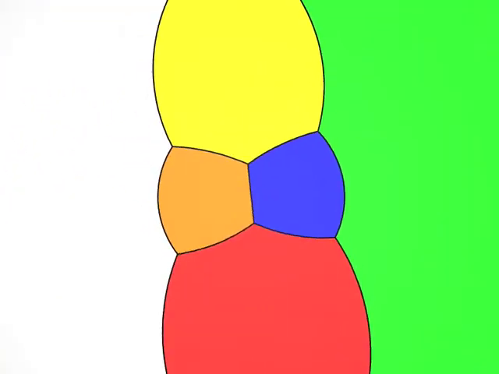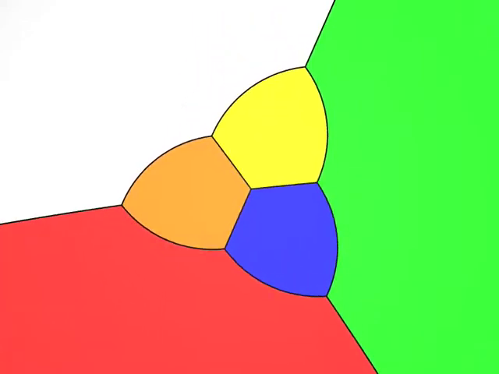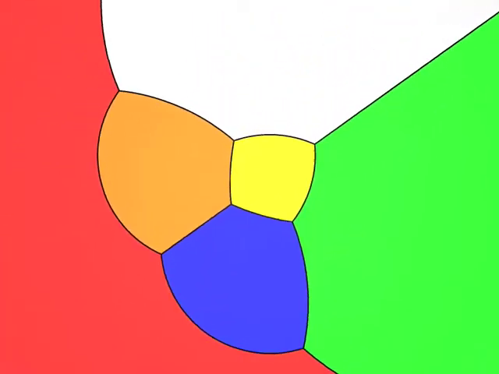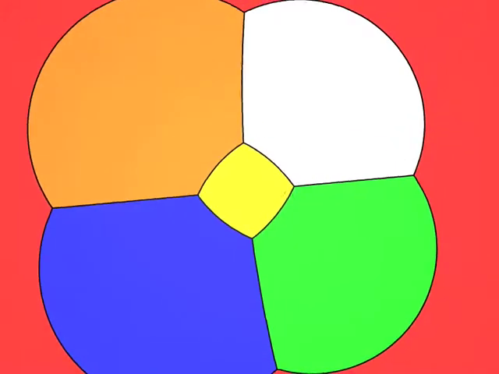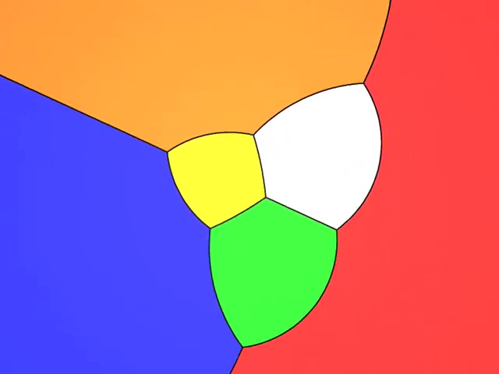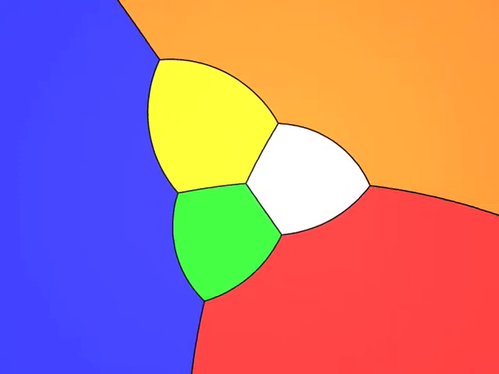Now, what's this one? 6 faces, each with 4 edges. That's right, it's a cube.